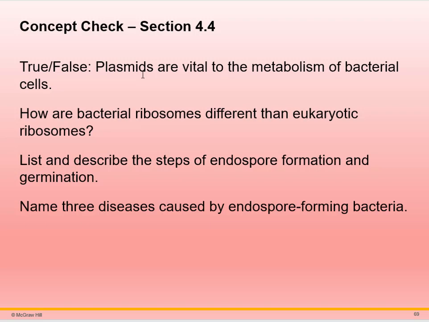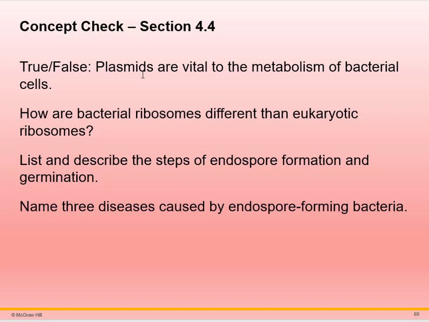And that's important because, and I didn't mention this earlier, the shape and the size of the ribosomes being different is important, because we can use antibiotics that will inhibit the ribosome subunits of bacteria, and they won't inhibit our ribosomes.